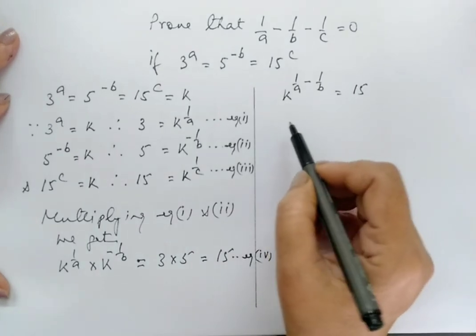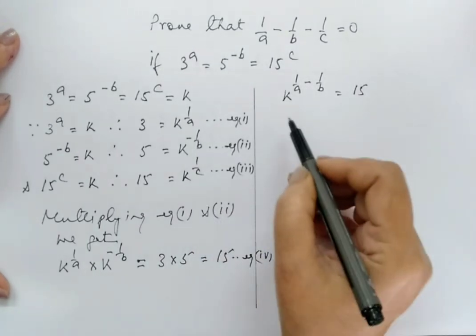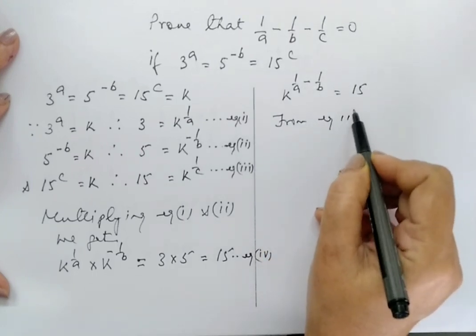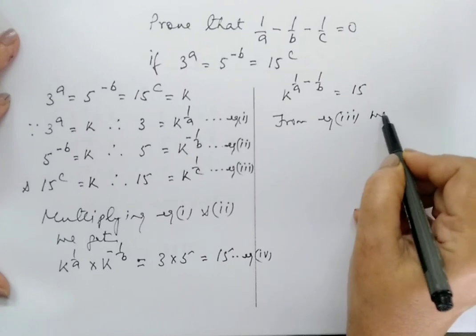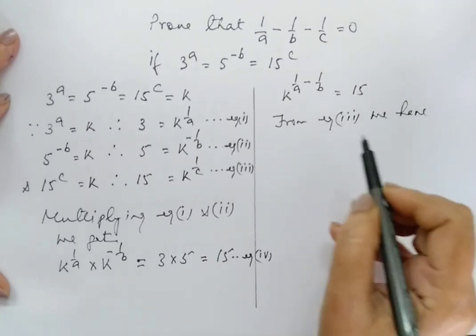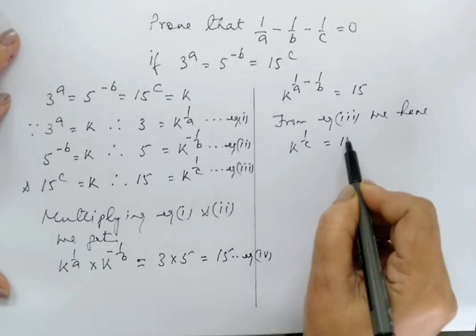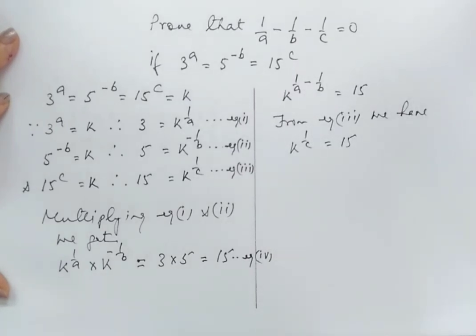So next, from equation 3, we already have that k to the power 1 by c is equal to 15, isn't it?